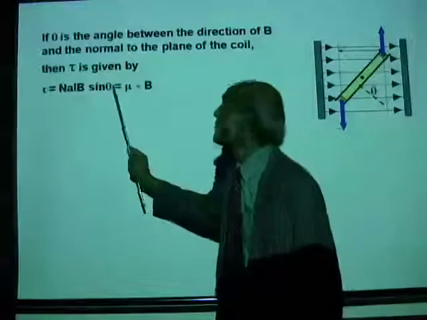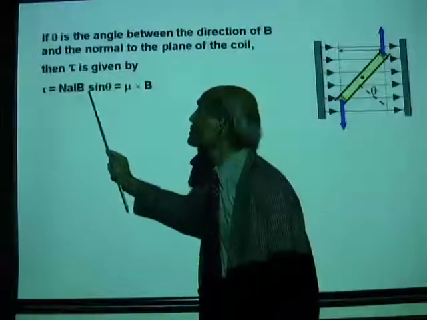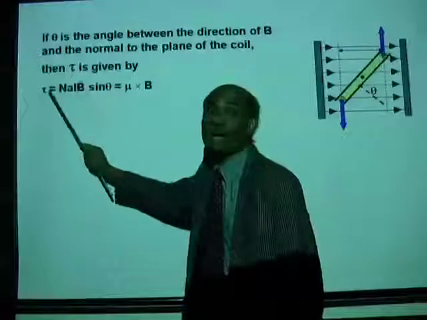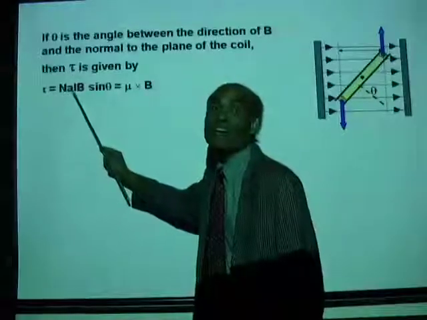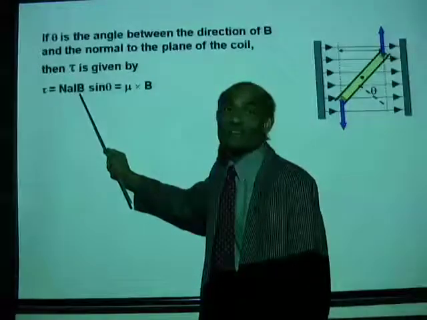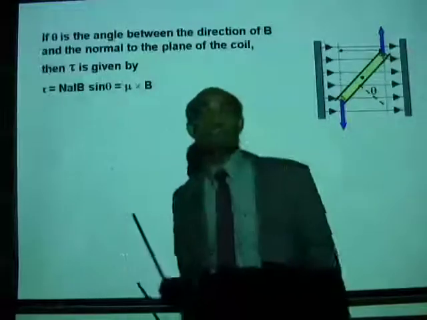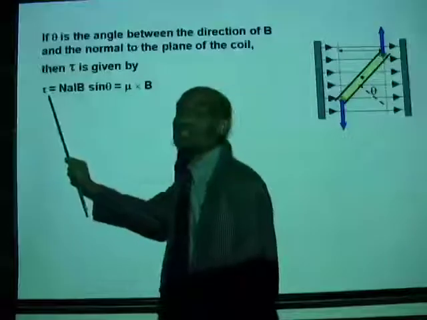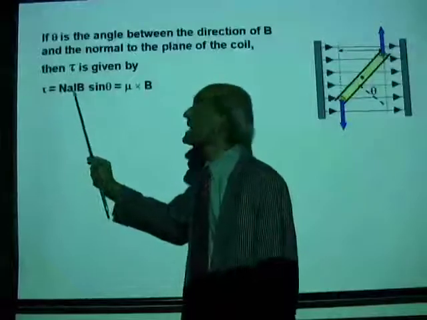Now remember, when this theta is 90 degrees, the sine theta is 1, and the tau will be NAIB, which is mu times B. If theta is other than 90 degrees, then tau will be NAI.